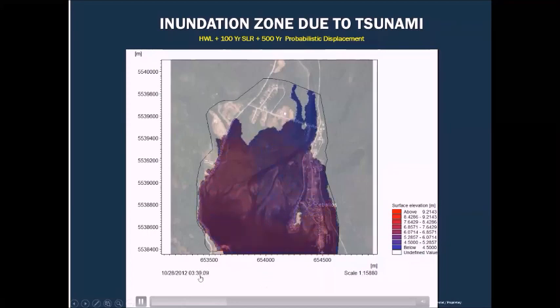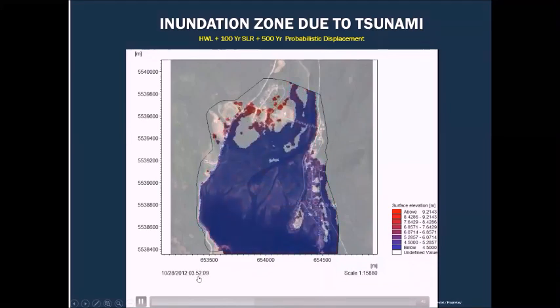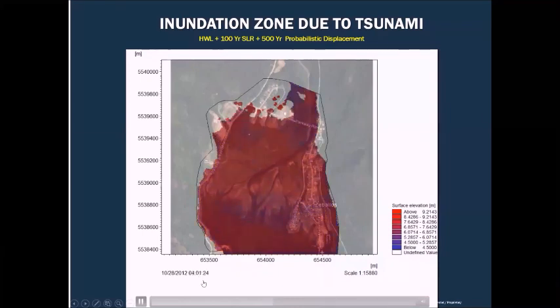40 minutes. Yeah. 50 minutes. Then you can see about 1 hour it takes to arrive the highest wave in that area. And then this wave is gone.